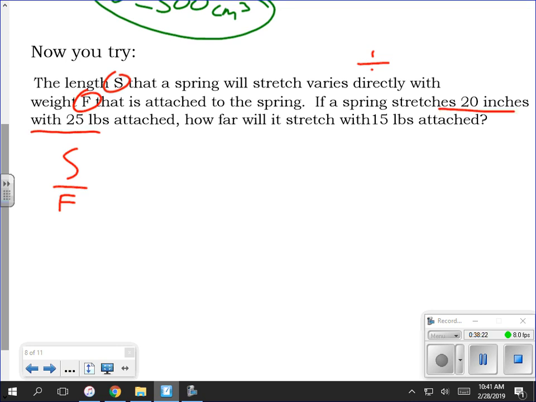And the second one, so 20 over 25 equals, how far will it stretch? The S we don't know, divided by 15. Multiply both sides by 15, cross multiply, however you want to do it. And you get 12.